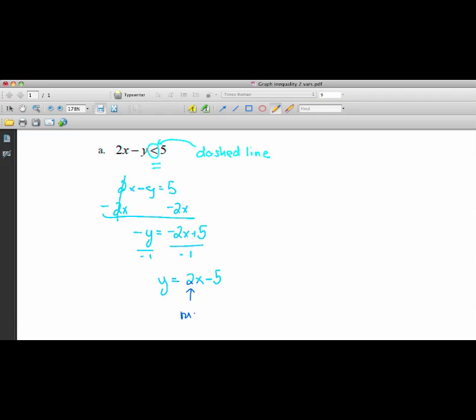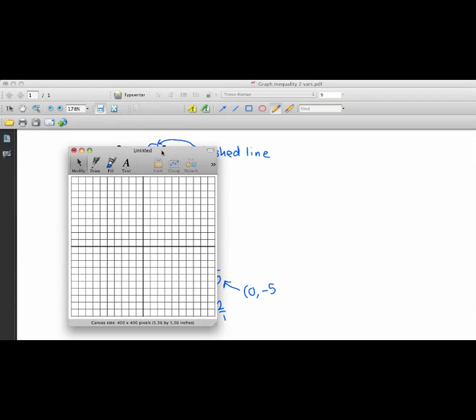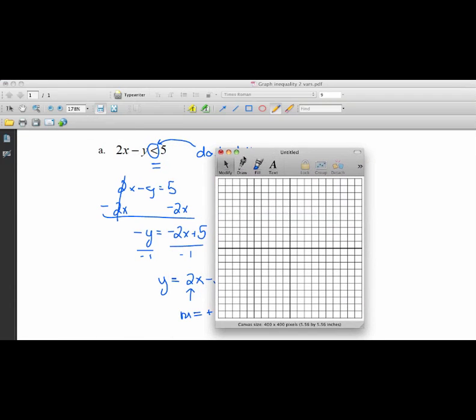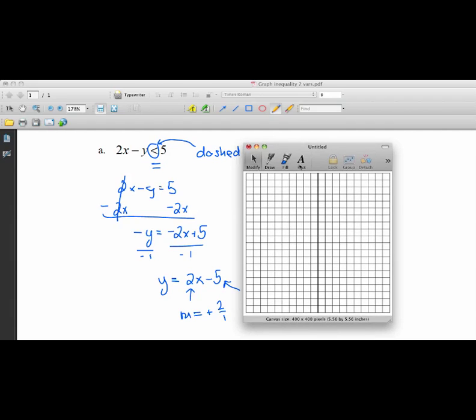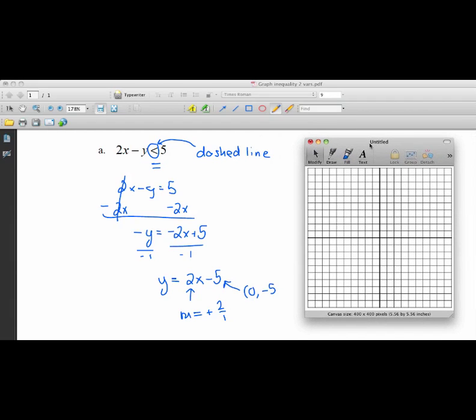which I'll write as positive 2 over 1. And we have a y-intercept of negative 5, which I will write as the ordered pair 0, negative 5. Okay, so let's now draw our line.